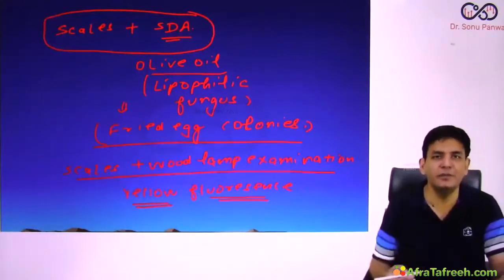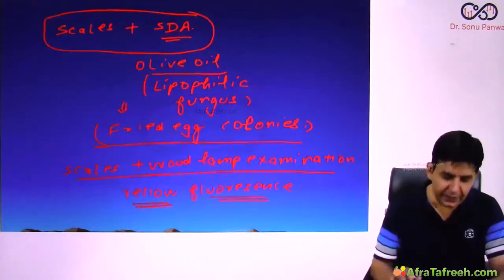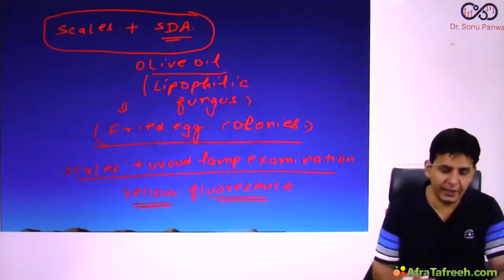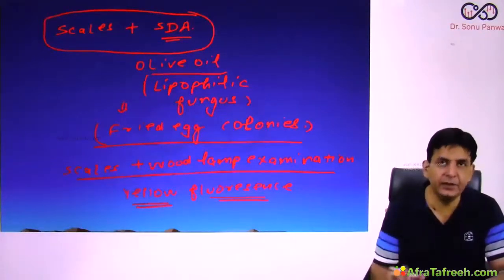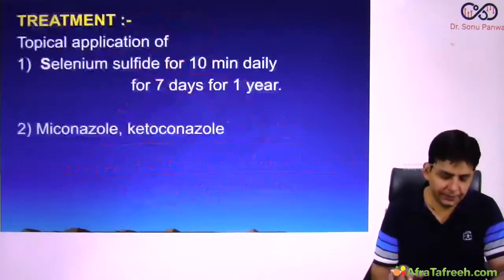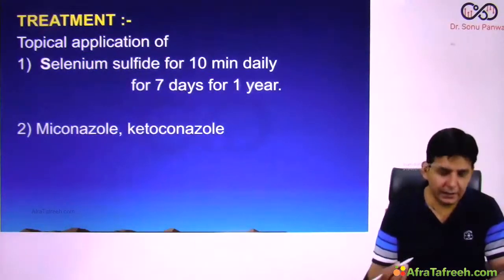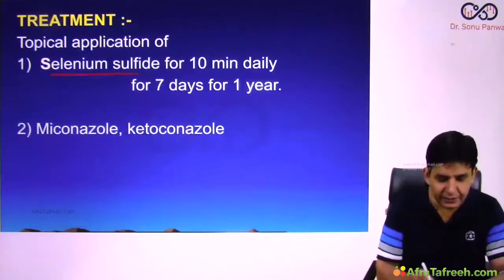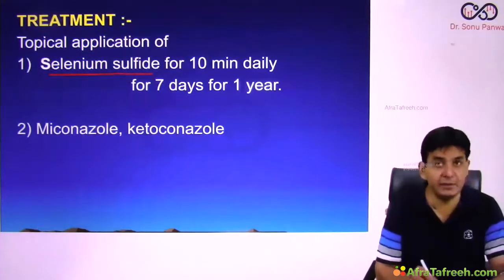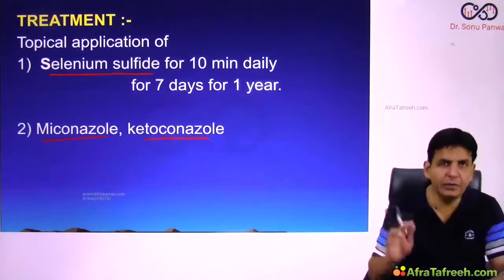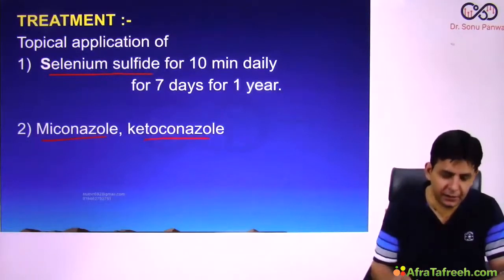So remember all these important points regarding tinea versicolor, caused by Malassezia furfur or Malassezia globosa. Treatment will be better dealt with by the dermatology faculty, but as such you use selenium sulfide, which has been asked once, and also miconazole, ketoconazole, and a number of others.